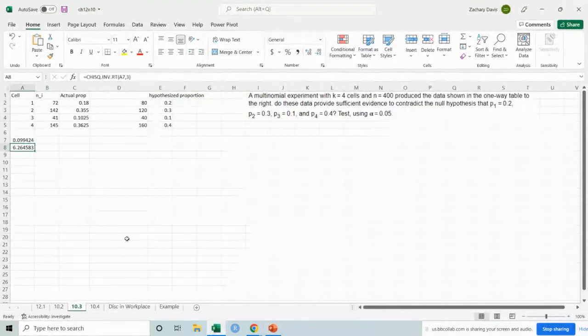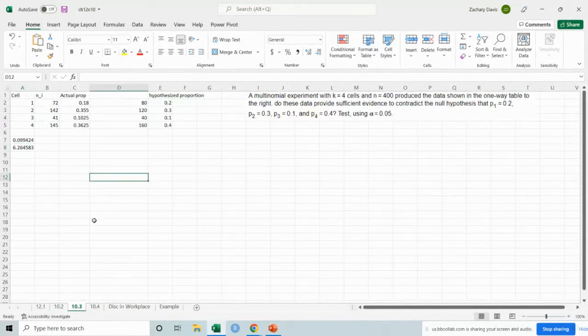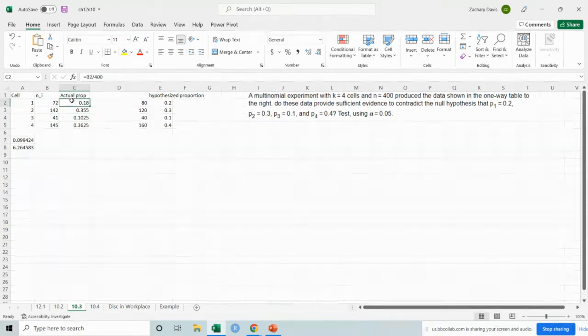We're given a table of some actual measured sample sizes. We had 4 cells and a sample size of 400. When we took the measurements, we got these actual proportions, which are all divided by 400.